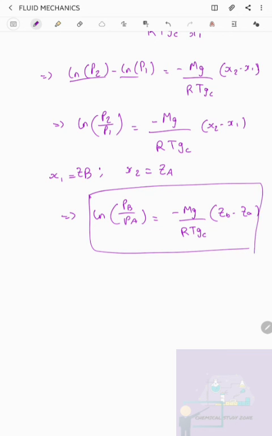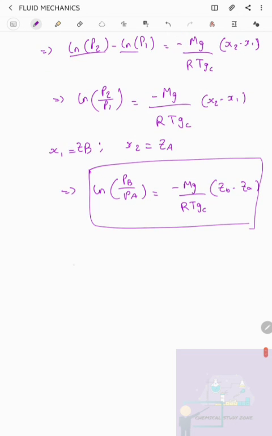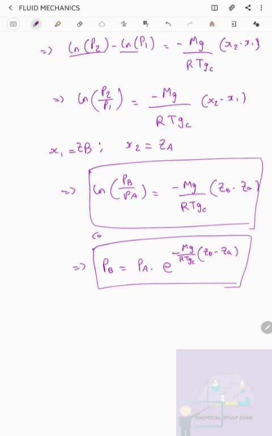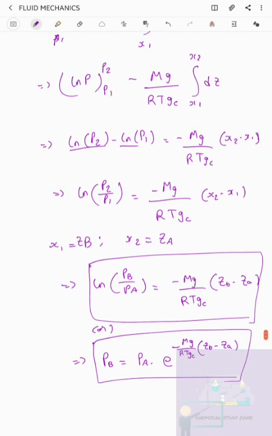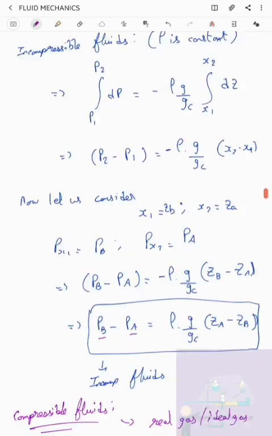This is a formula, and it can also be written as pb equals pa into e power minus mg by RT/gc into zb minus za. So these are the pressure differences for compressible and incompressible fluids in a hydrostatic condition.